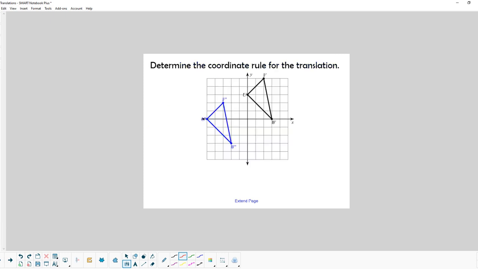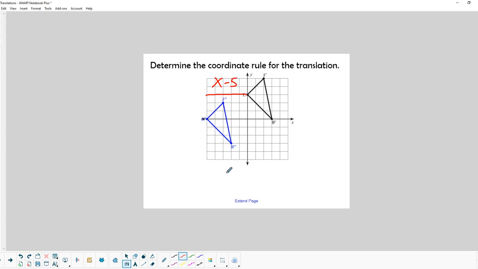So determine the coordinate rule for the translation. So let's just start with an original point, like we said. And we can start here with U since it's kind of close to the figure. So to get from this U to this U, we had to go to the left 1, 2, 3, 4, 5 places. So that would mean that X went to the left 5 places.